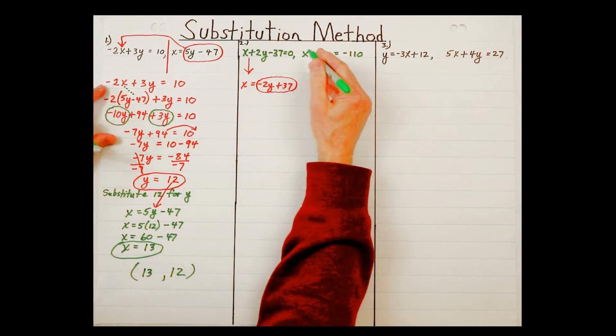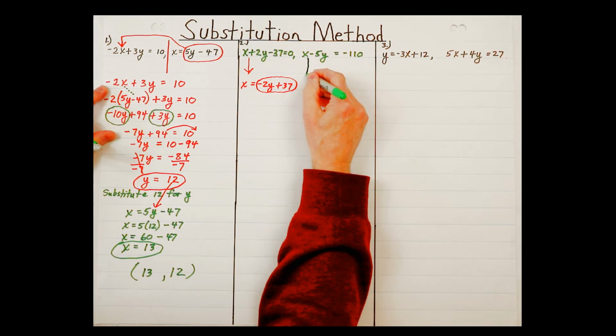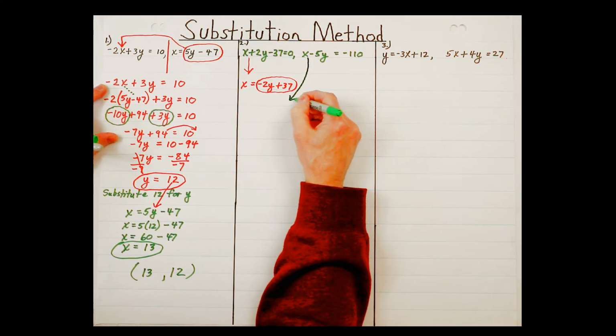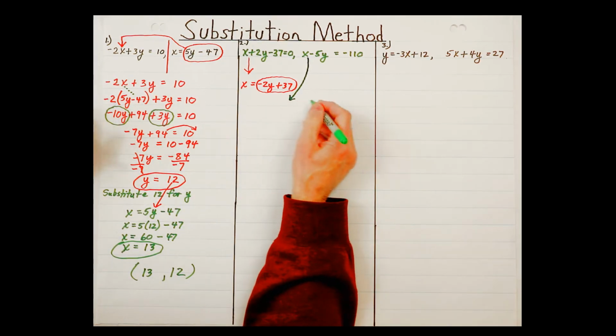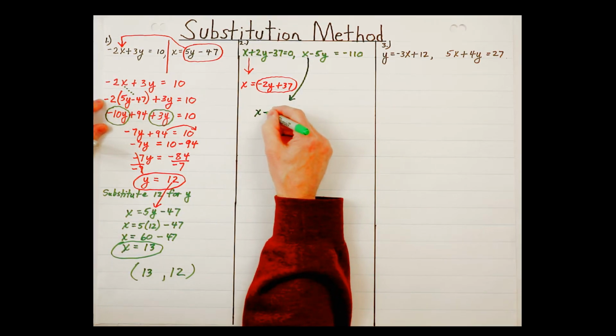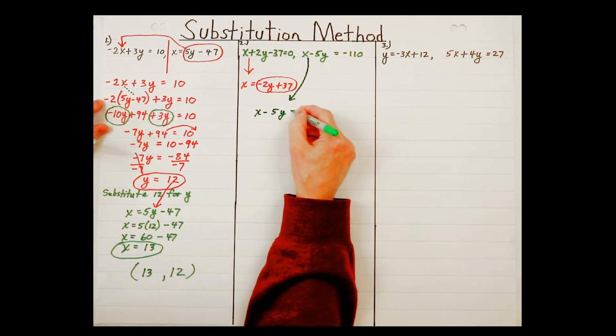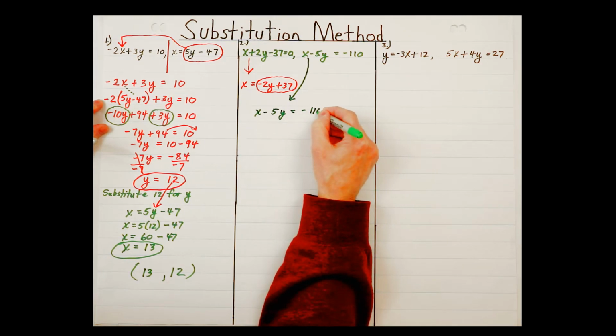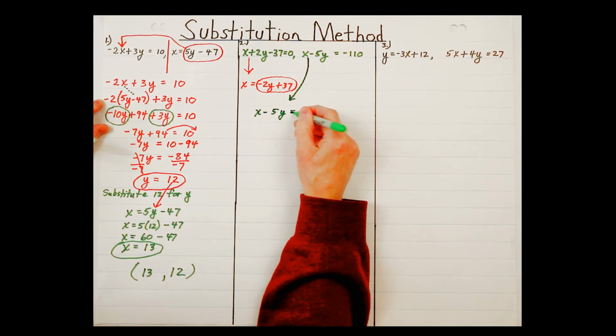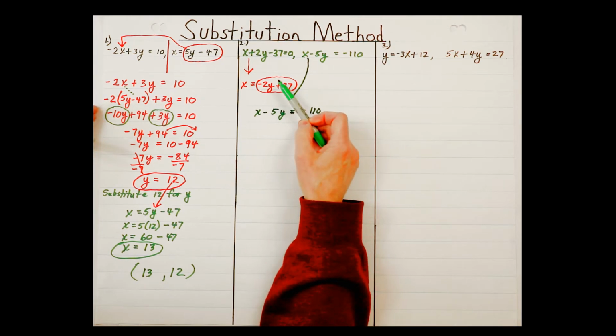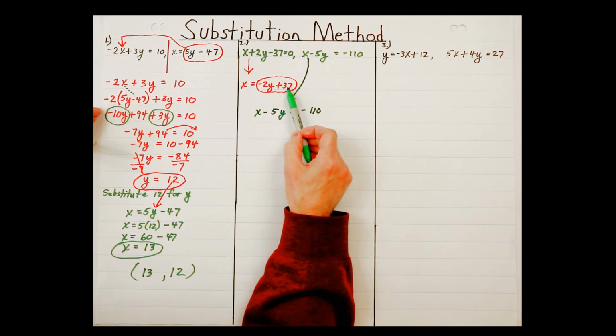So I'm going to bring the other equation down here. And I'm going to put x minus 5y equals negative 110. Now we know that x is equal to negative 2y plus 37.